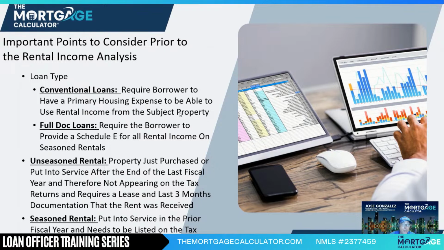Those are all very important points. Why is that? Because if you have an unseasoned rental that you've owned for 5 years and you just decided now to rent it and here's the lease, you're going to need some good supporting reason why that property was not a rental previously.